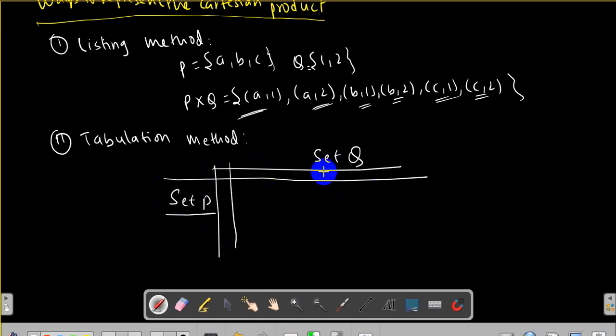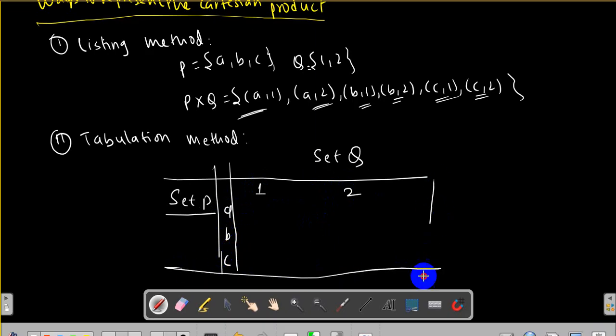In set Q, there are 1 and 2. Let's make it a little bit bigger. In set P, there are A, B and C. These are the elements.